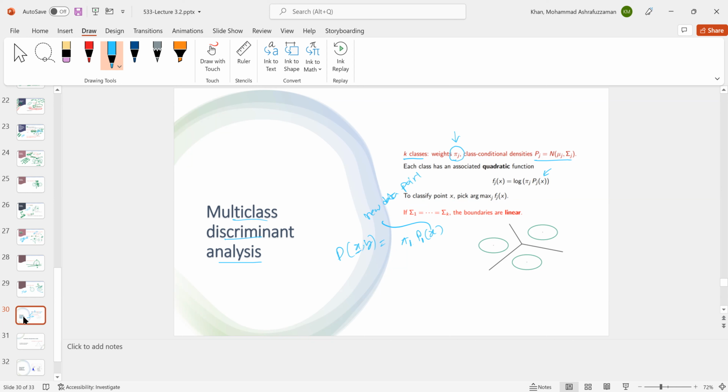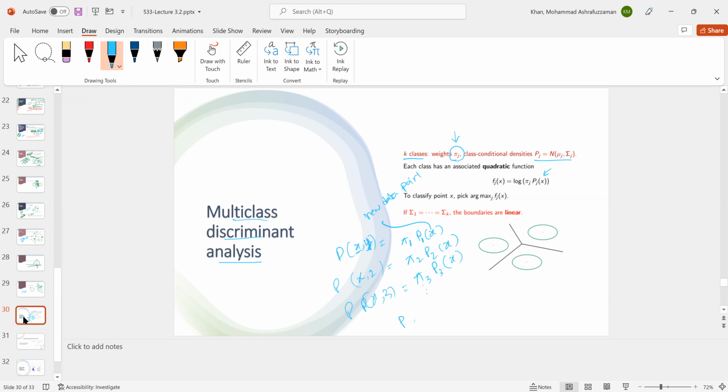So basically, joint probability distributions for class 1, class 2, and so on. For class 3, it's the probability of X coming from 3, the prior probability of 3, and the density from the distribution fitted for class 3, and so on.